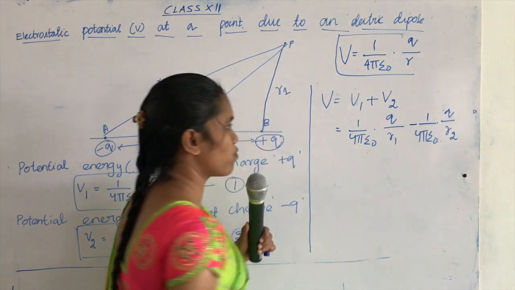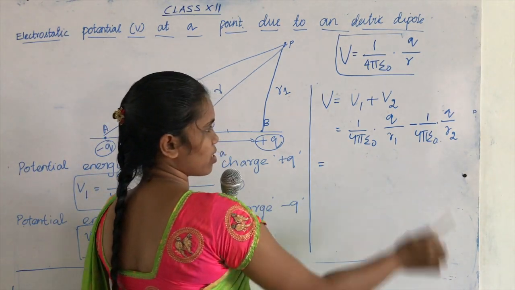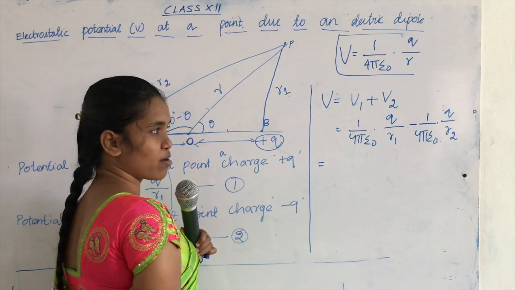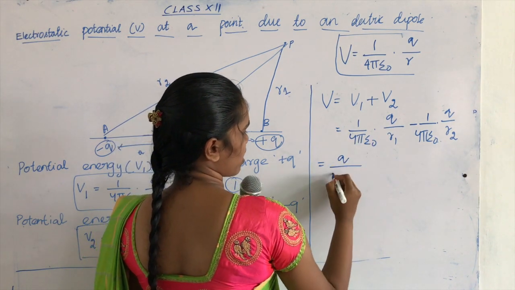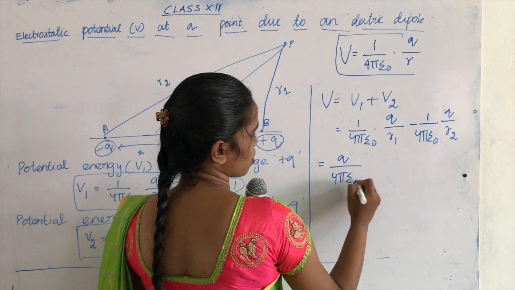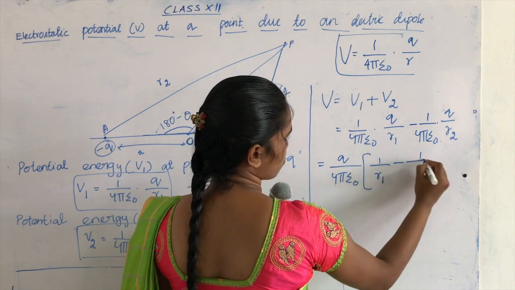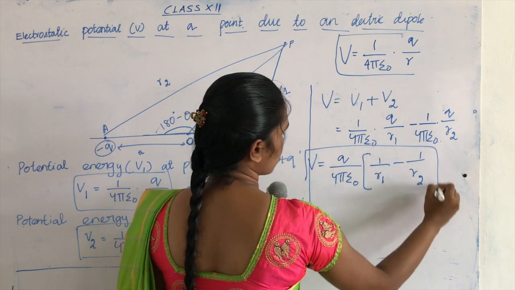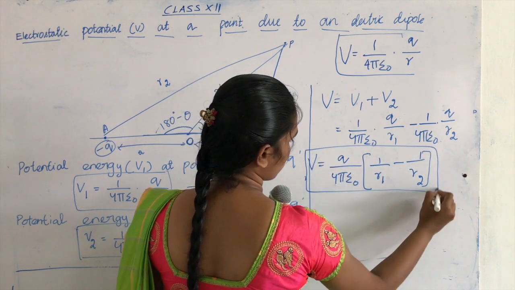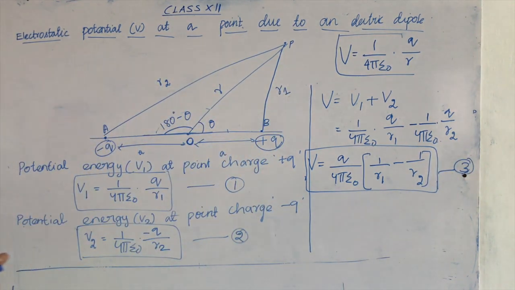Now, we are going to take the common terms outside. What are the common terms here? Yes, Q by 4 pi epsilon 0, times 1 by R1 minus 1 by R2. This is V. Denoted as equation 3.